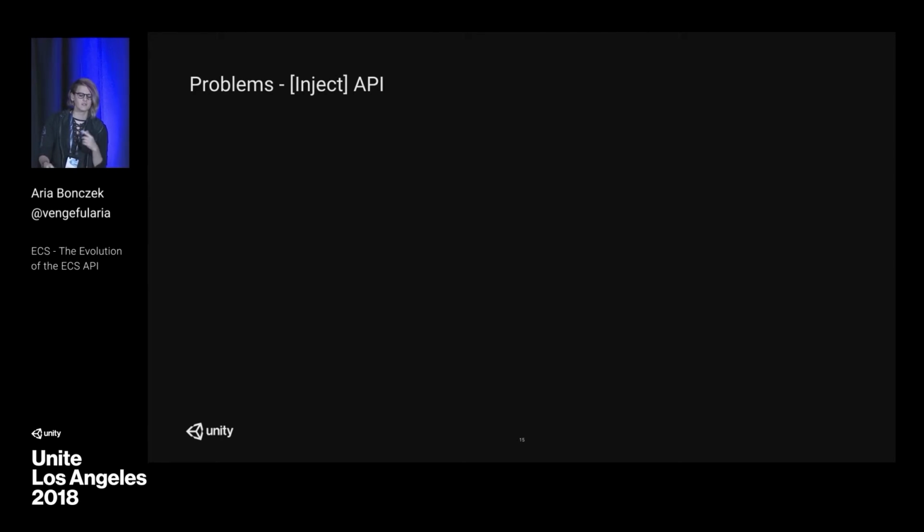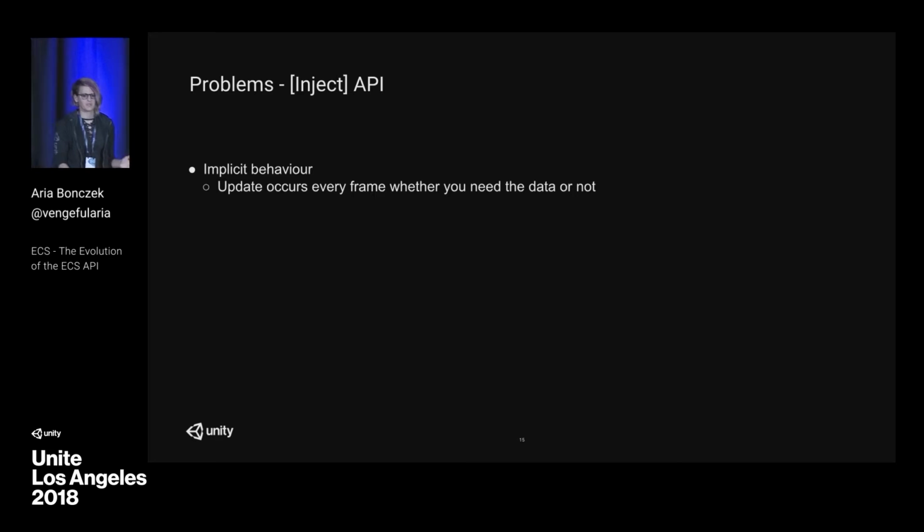So let's take a look at some of the problems that we've identified here. There's implicit behavior, which is pretty undesirable. That code there isn't necessarily the update, but the update occurs every single frame for those injected component groups, whether you actually need the data or not.